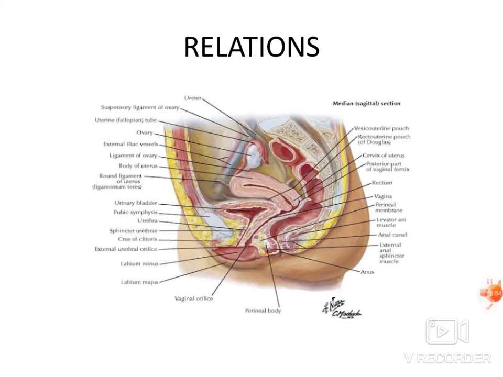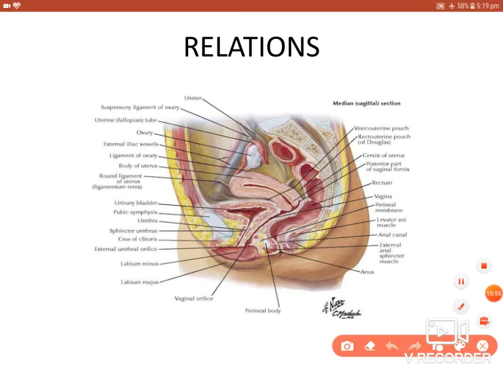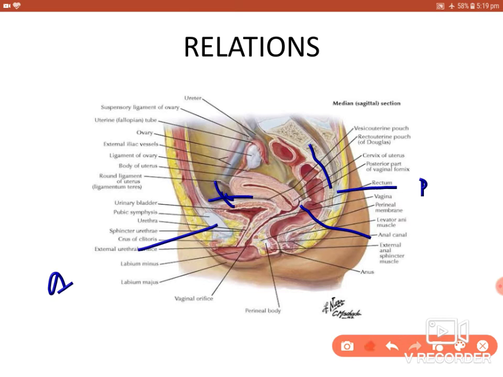Then here in females, this is the anterior aspect of the female pelvis. This is the posterior. You can see the sacrum, coccyx, rectum there. This is the urinary bladder. This is the superior surface. The superior surface relates to the coils of the intestine. Then sigmoid colon there.